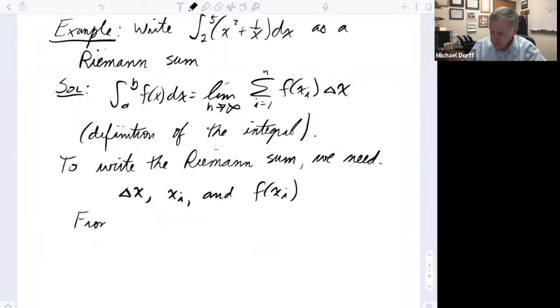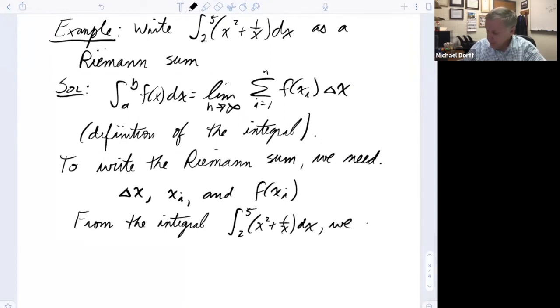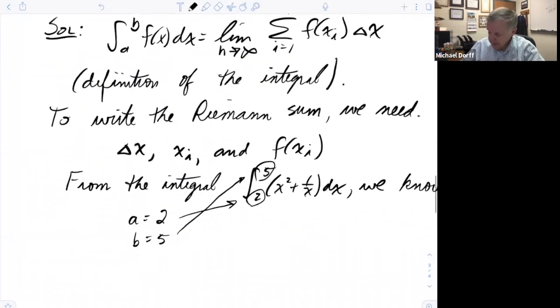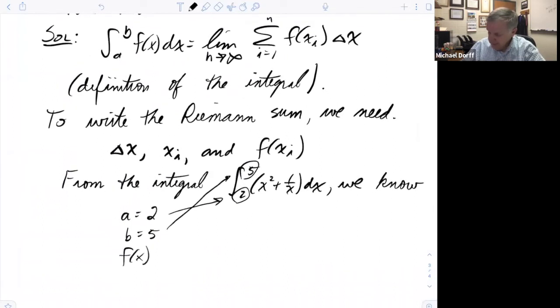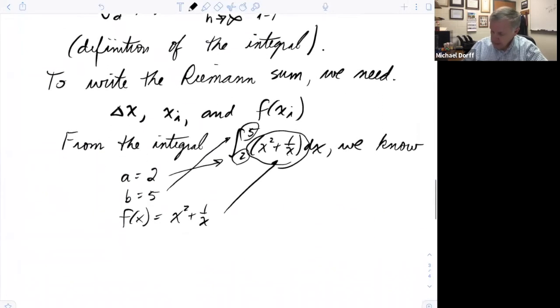From the integral from 2 to 5 of x squared plus 1 over x dx, we know that a is 2, that comes from here. b equals 5, because that comes from here. And f of x is x squared plus 1 over x, because that comes from there.